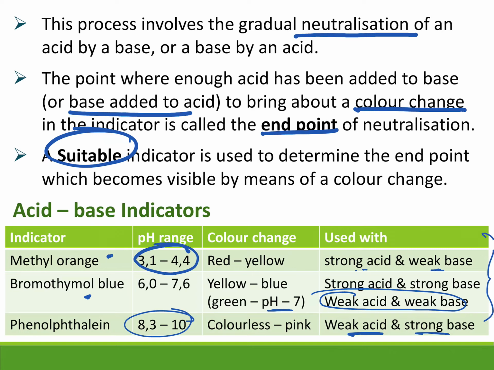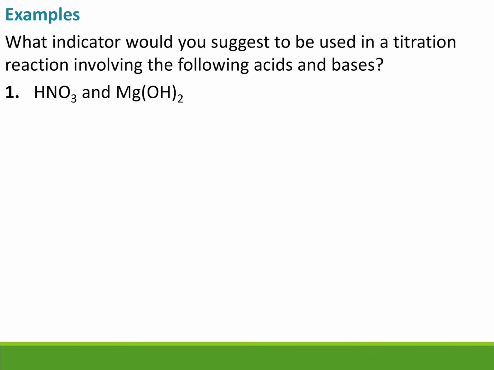Please, you must know these three. This is very, very important. They will not give you the information for these three. If they want you to use any other indicator, they have to give you information about that indicator.